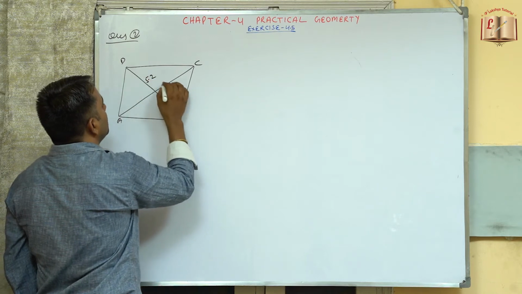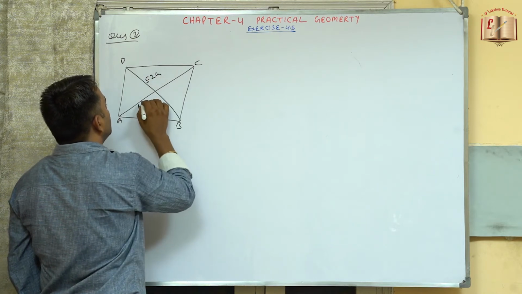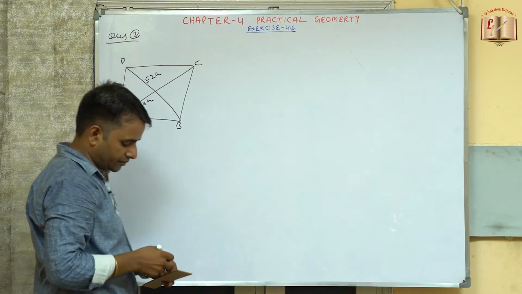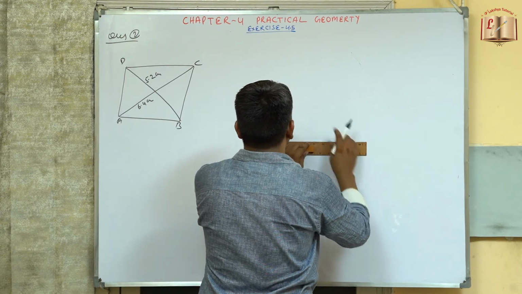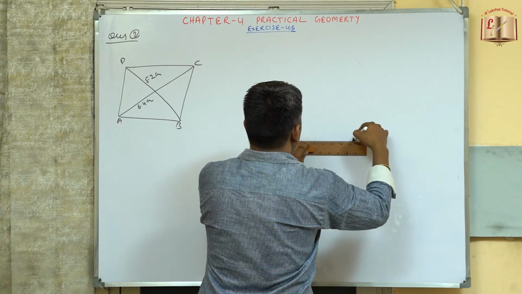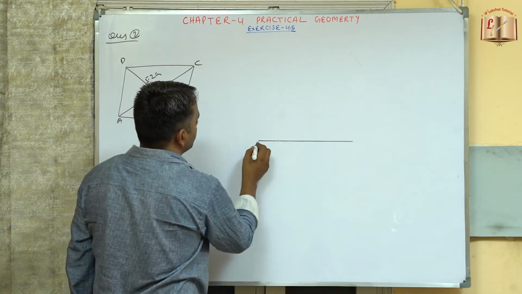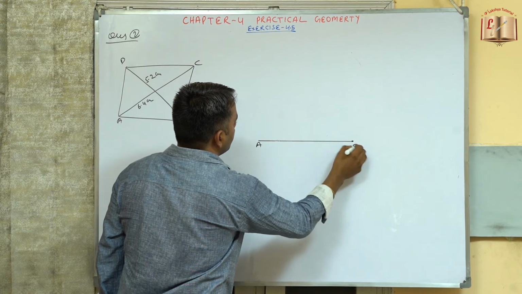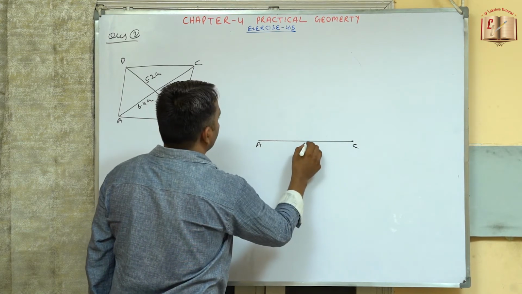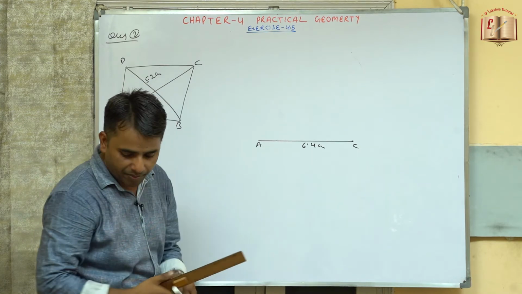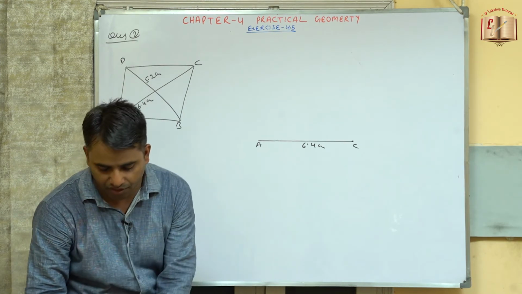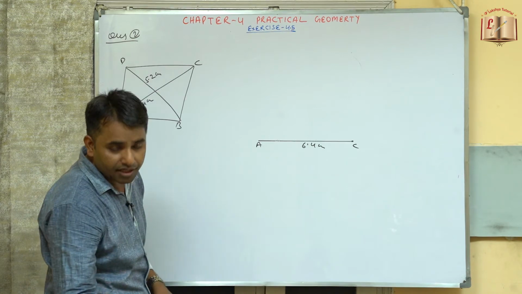Suppose this is 5.2 centimeter and this is 6.4 centimeter. So first of all we will draw a diagonal. Suppose this is the diagonal AC, 6.4 centimeters.